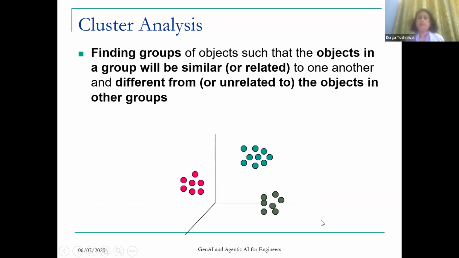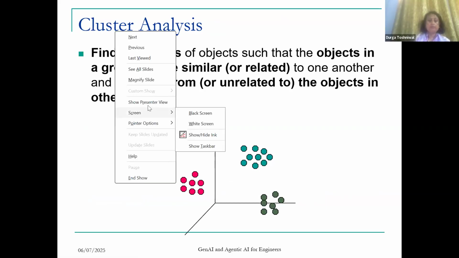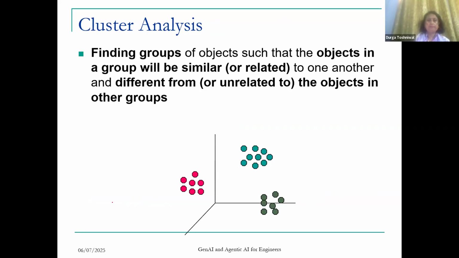So this is just going to help us have a small visual explanation of what clustering looks like. Let us imagine a three-dimensional data space, as you can see here. In the data space, you can see that there are natural groupings in the data.